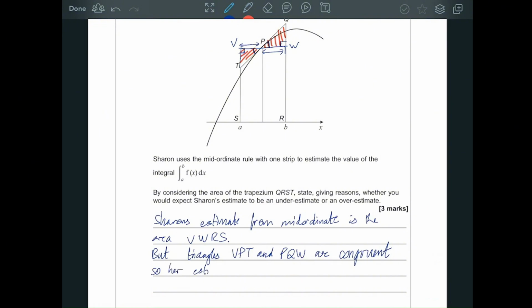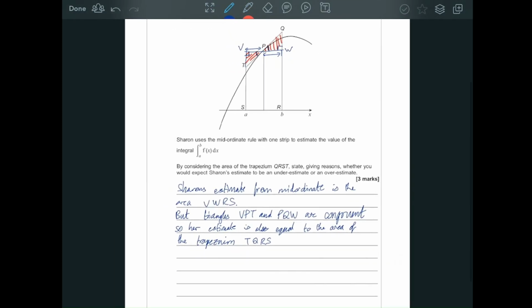So her estimate is also equal to the area of the trapezium. How do I want to label it? TQRS.